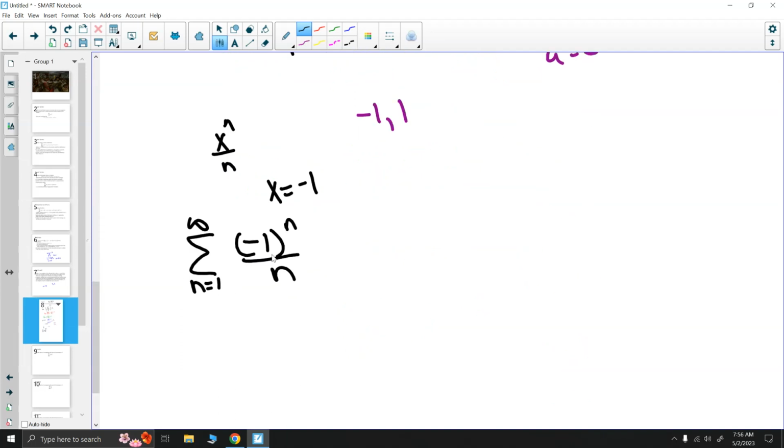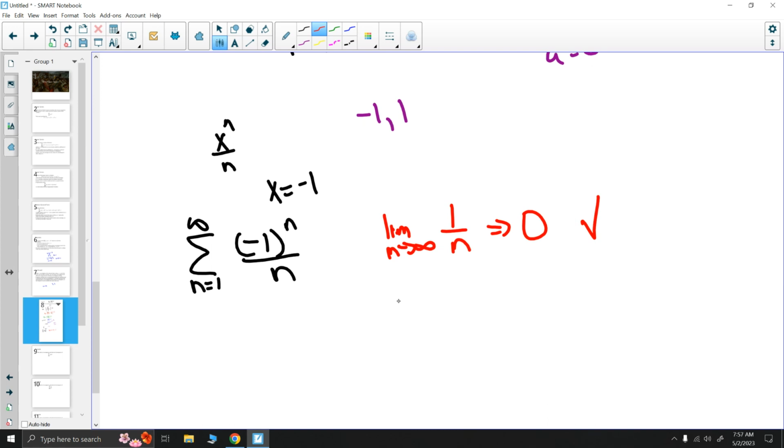Okay, so here, this is an alternating series. So based on that fact, all we have to do for the alternating series test is go, all right, well, if we can show that 1 over n converges to 0, as the limit as n approaches infinity, and as n goes to infinity, this does go to 0, then that checks out.